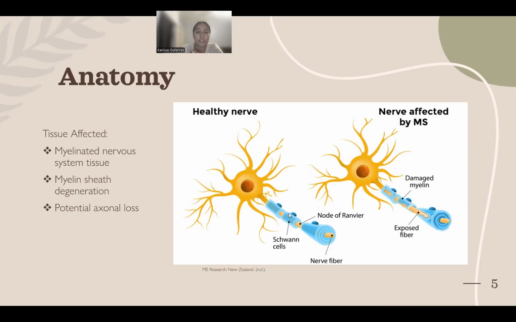When the immune system mistakenly attacks this myelin, the protective covering is lost, as you can see here, these blue myelin sheaths right here. In MS, even these beneficial cells can contribute to inflammation and scarring, referred to as sclerosis. That's where multiple sclerosis gets its name. This diagram compares what a healthy nerve looks like to one that is affected by MS.